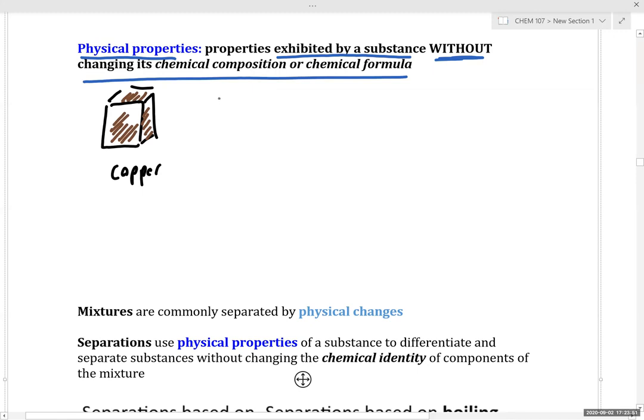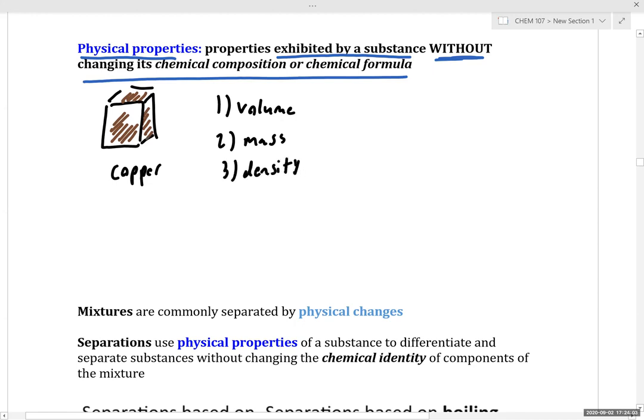I see someone typing in the chat, volume, that's good, yeah. Yes, we can weigh it, we can record the mass, we can also get the density, yeah. What else can we observe about it?